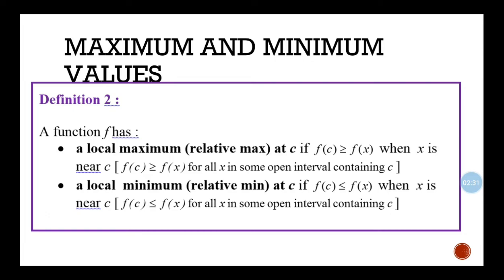Okay, so now what is a local maximum? Local maximum can also be termed as relative maximum, as well as local minimum can be termed as relative minimum. Okay, let's say here we have this function.